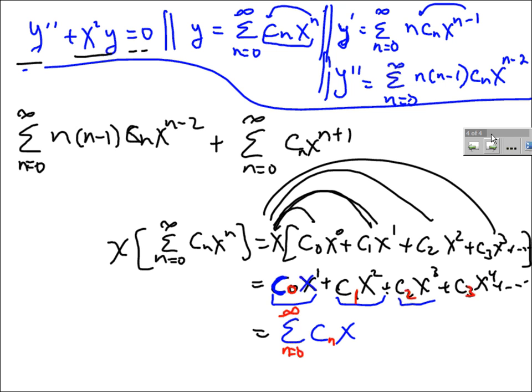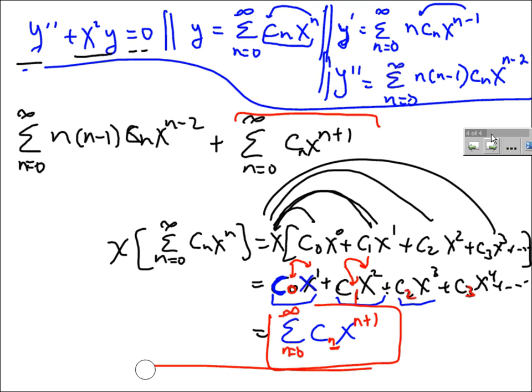And I notice that whatever I have for the subscript to c, the power of x is one more. And this here is exactly what I wrote. So this is correct.